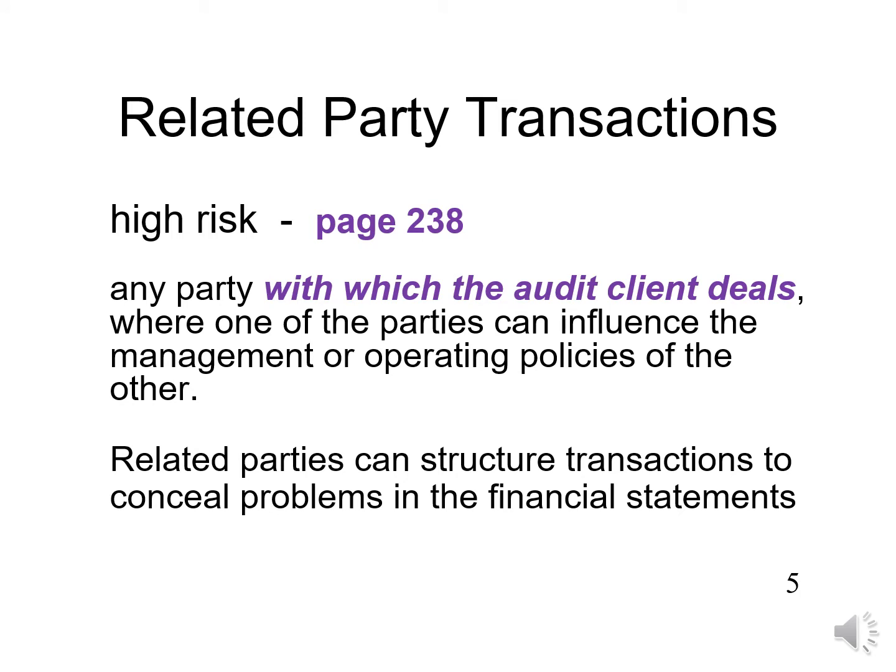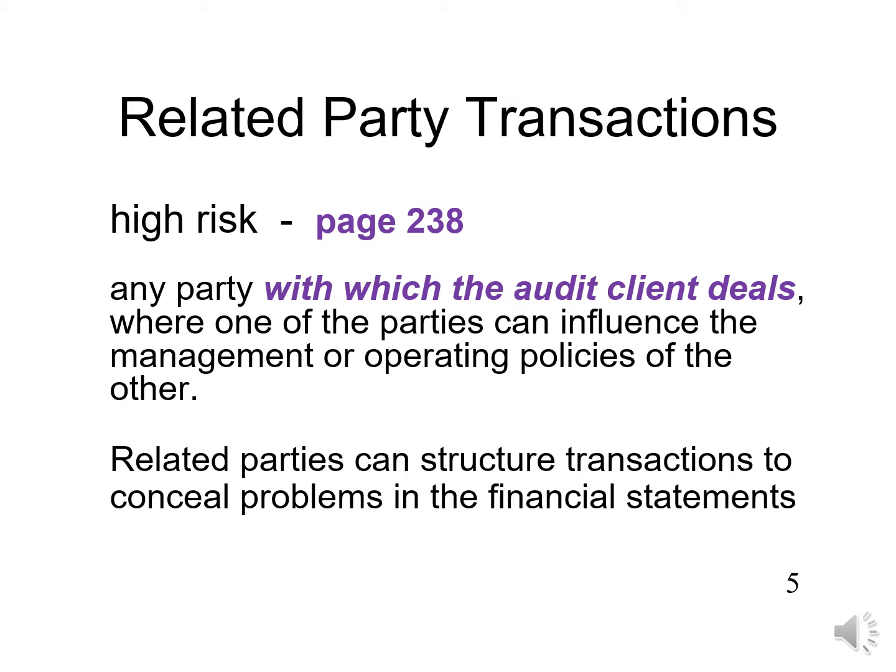The definition of related party transactions that I want to use is any party with which the audit client deals where one of the parties can influence the management or operating policies of the other. The audit client may be able to influence the management or operating policies of the related party, or the related party may be able to influence the management or operating policies of the client.